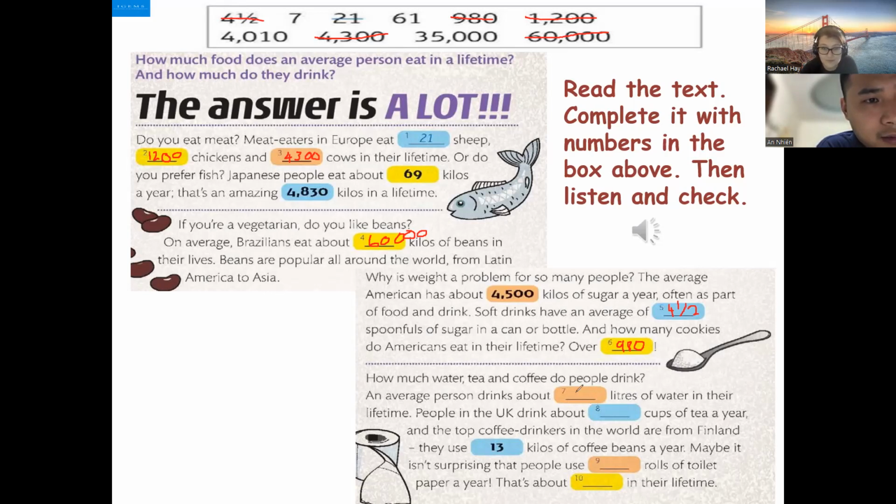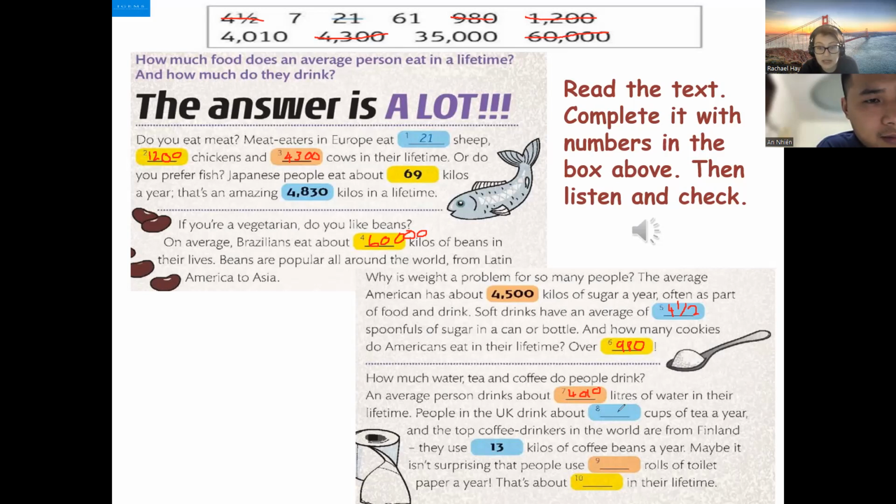You mean to drink about 2 liters of water a day. 4,010. Okay.